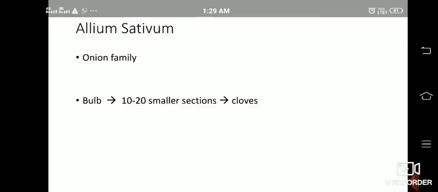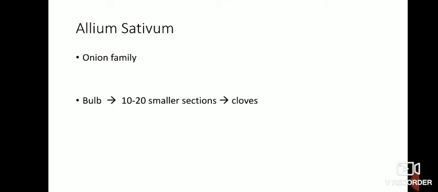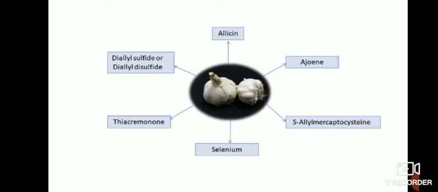Now, this garlic is botanically called Allium sativum. It belongs to our onion family, and it is a bulbous type with 10 to 20 sections per bulb, and each section is called a clove.